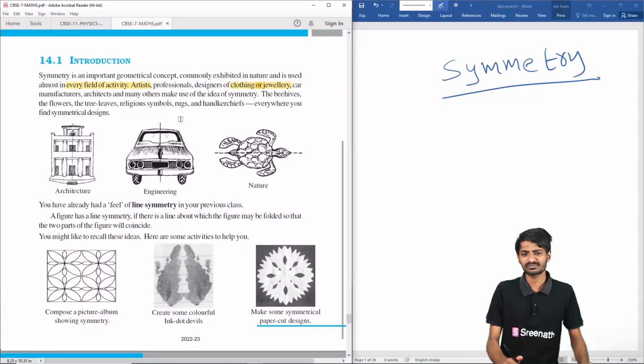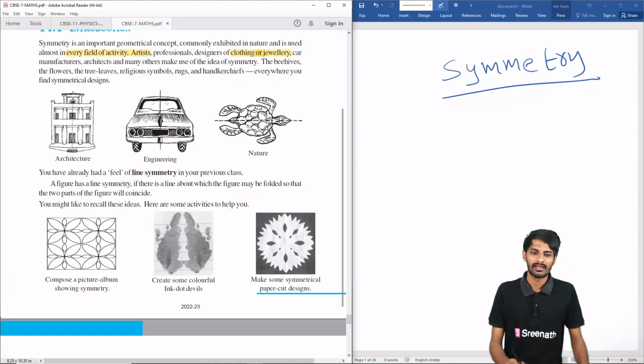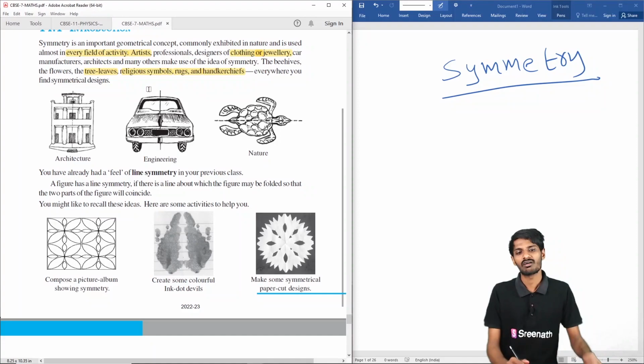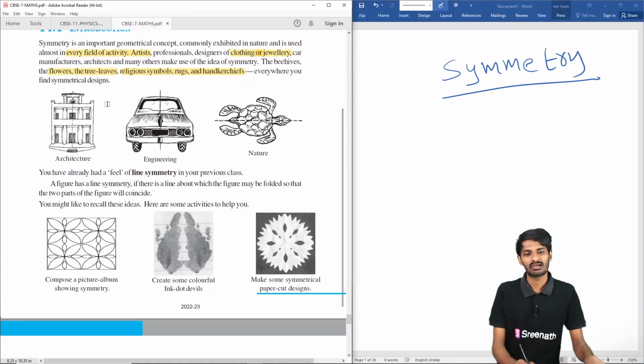Okay friends, all manufacturers came from the ideas of symmetry. In tree leaves, if you see, they are symmetrical, and religious symbols, rugs and handkerchiefs, many of them have symmetry, and flowers also have symmetry.